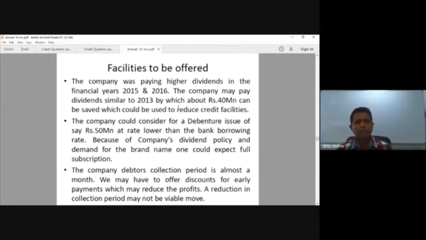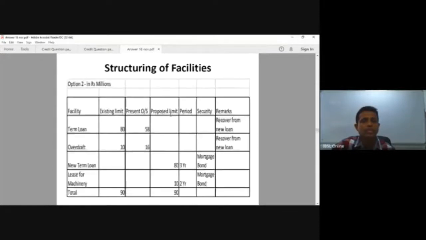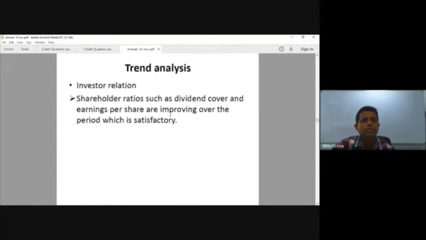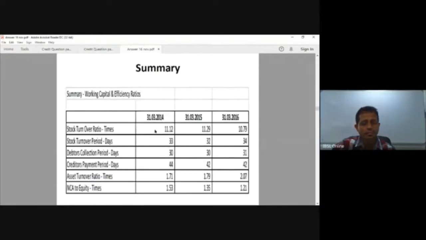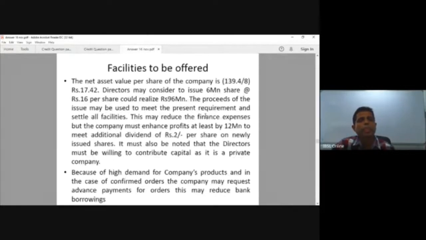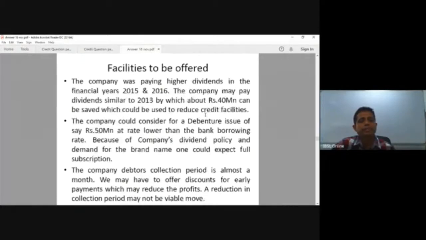Point number 3, the company's debtors collection period is almost 1 month. We will go and see whether it is true or bad. True. Debtors collection period is 30 days. Right, that point is correct. The company's debtors collection period is almost 1 month.